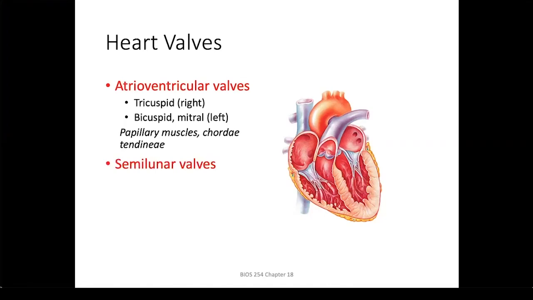The semilunar valves are named because they consist of three cusps that look like half moons. They are located between the ventricles and the arteries that drain the ventricles. The pulmonary semilunar valve is between the right ventricle and the pulmonary trunk artery that drains the right ventricle.